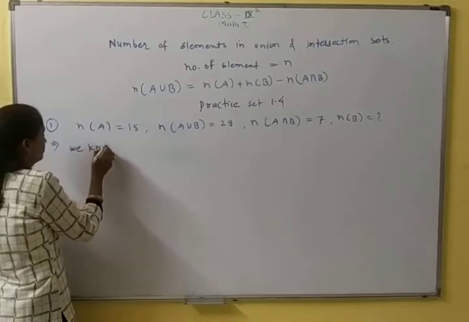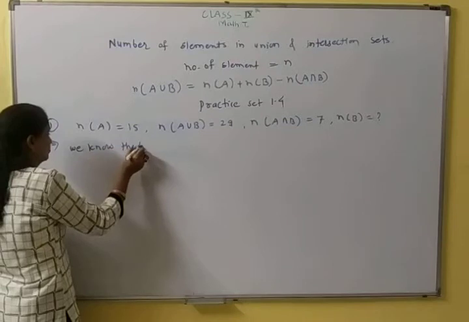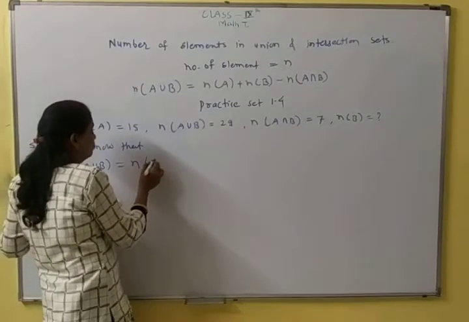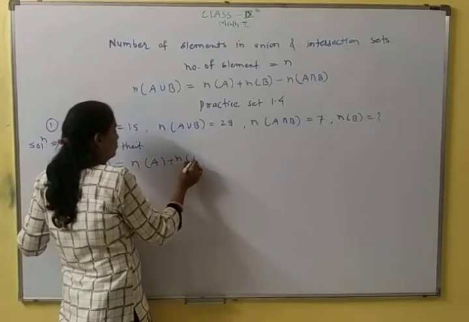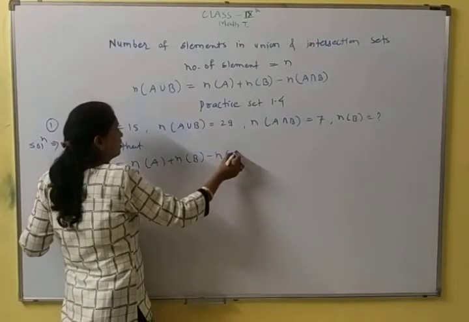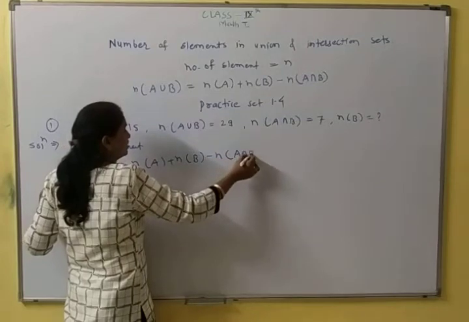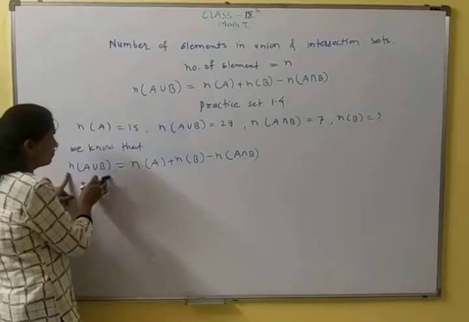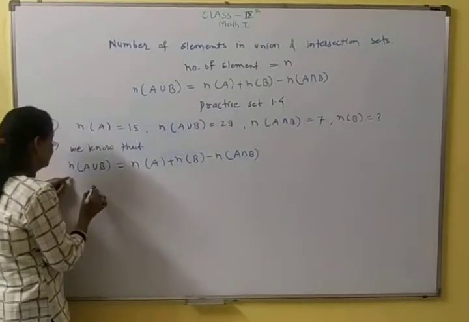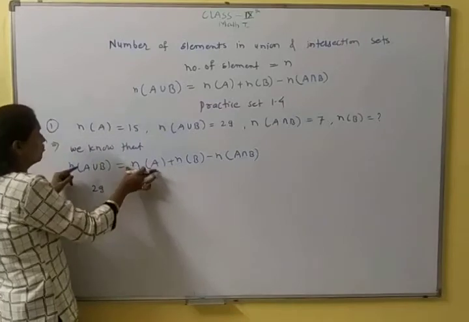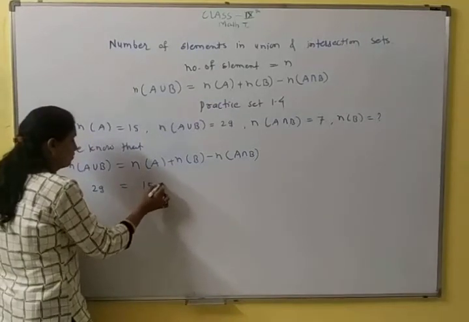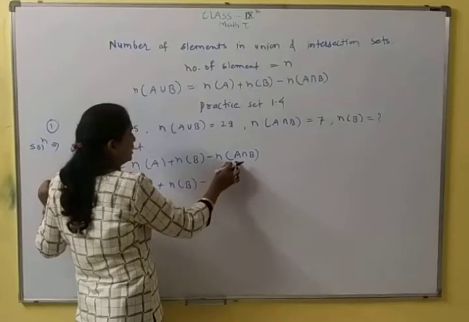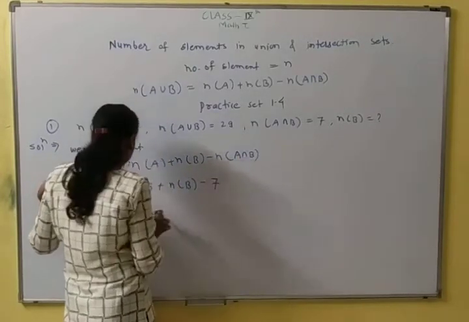We know that n of A union B equal to n of A plus n of B minus n of A intersection B. So 29 equal to 15 plus n of B minus 7.